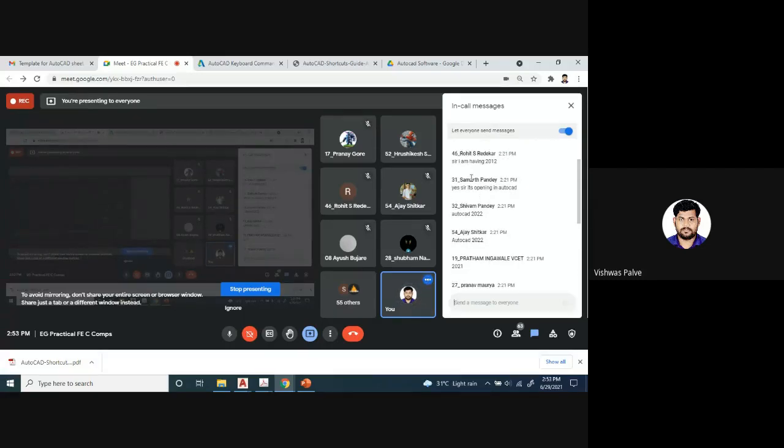Rohit, am I audible? Sir, I am having AutoCAD 2012 on PC, I want it on laptop, so that's why I want 2014. So you don't have the setup file with you? No. Okay, if anyone has a setup file of AutoCAD 12, 13, 14, 15, you can post it in the Google Drive folder so it will be available for everyone.